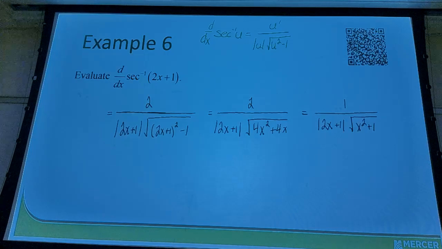And then you can factor out a square root of 4, right? Which is just 2. So there's our derivative.